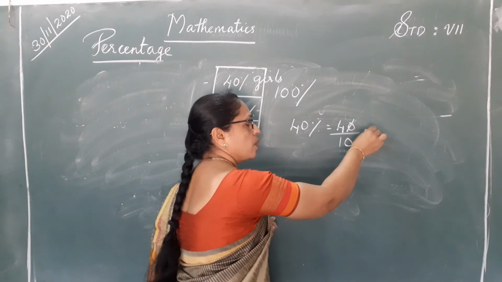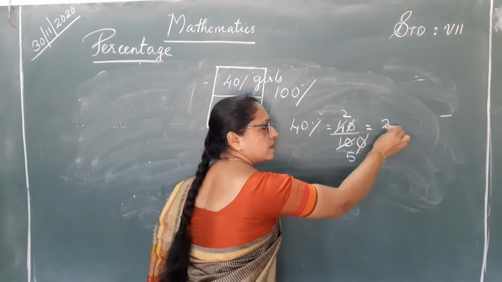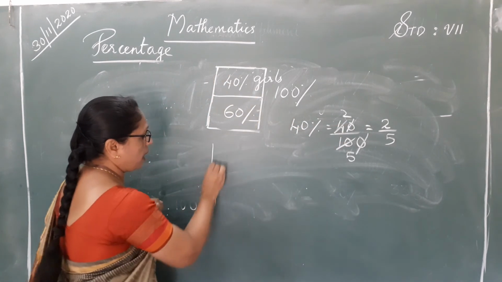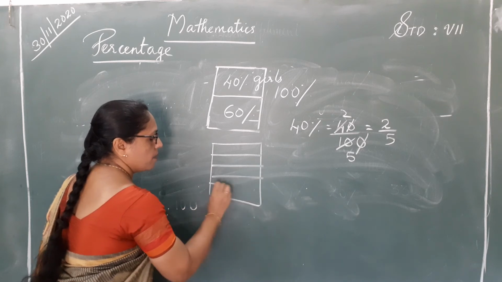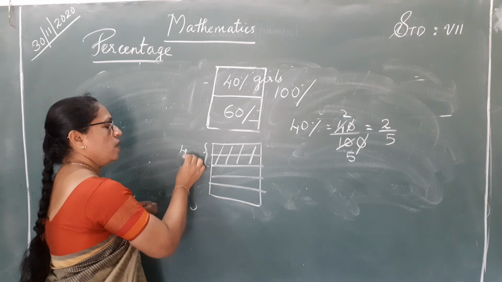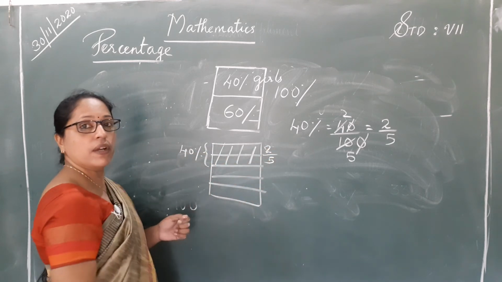The 0 and 0 cancel, 2, 5. That is 2 by 5. So, in fraction it is 2 by 5. Just the previous thing which I showed you. Divide into 5 equal parts. This is 2 by 5. This is 40%, which is the fraction 2 by 5.